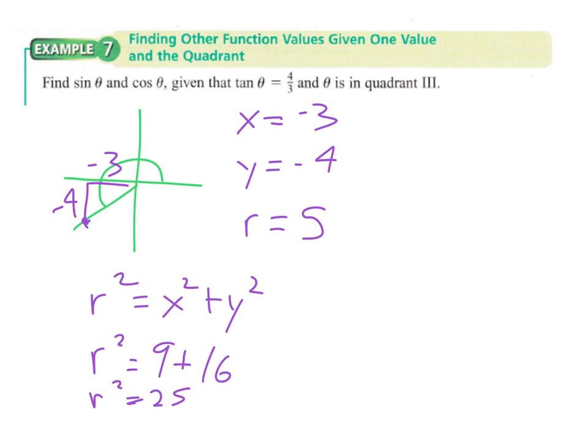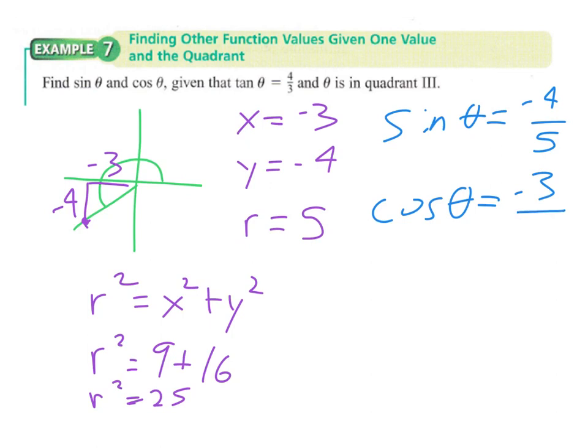So then finding the sine of theta, sine is just y over r, so negative 4/5 for the sine. Cosine is x over r, so negative 3 over 5. And so we can find those 2 trig values fairly quickly. And again, the other 3 wouldn't be very difficult to find because we already have the tangent, so the cotangent must be 3/4.